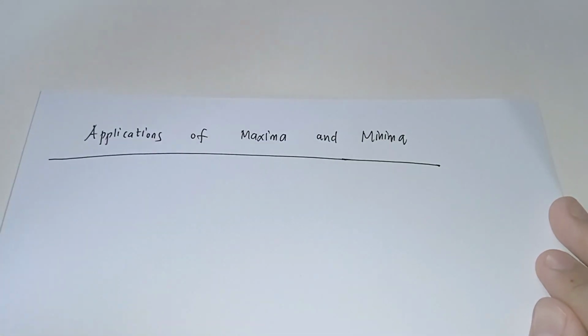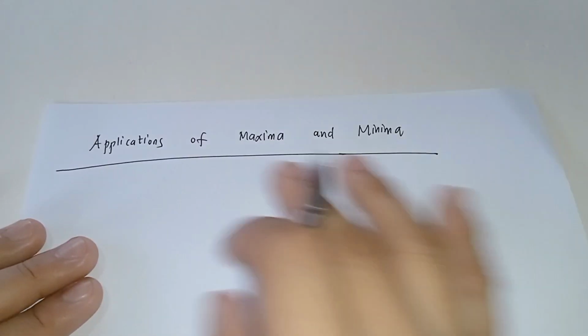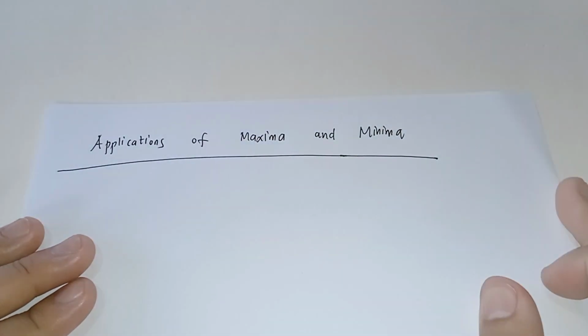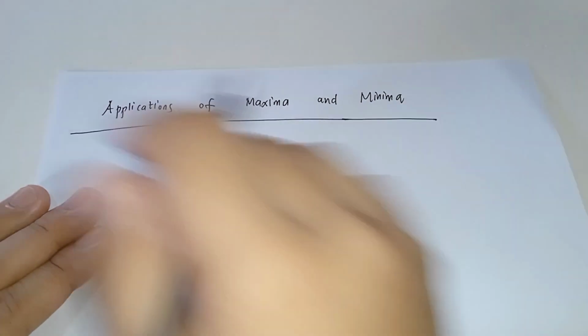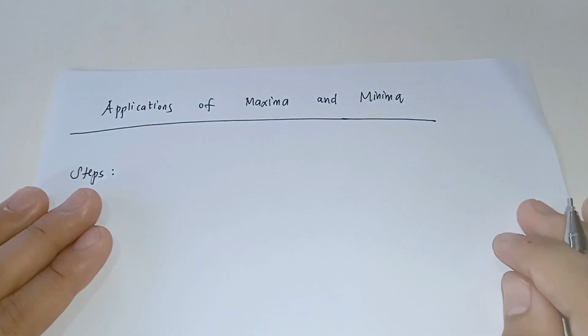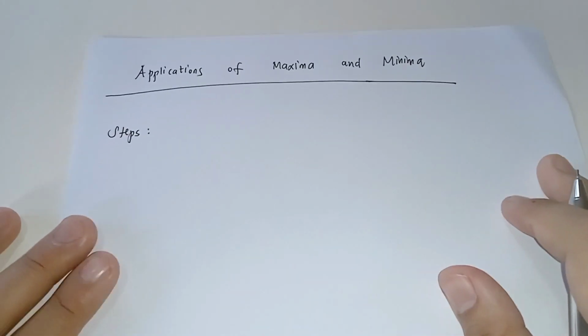There is actually no general rule in solving this type of problem. However, you may find the following steps that I will be mentioning in this video helpful in solving our maxima or minima. Now, these are the steps which we will perform in finding our maxima and minima.